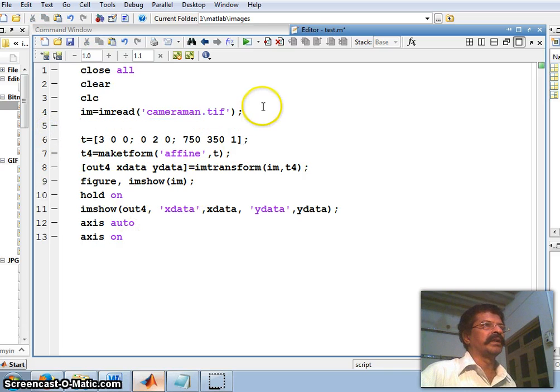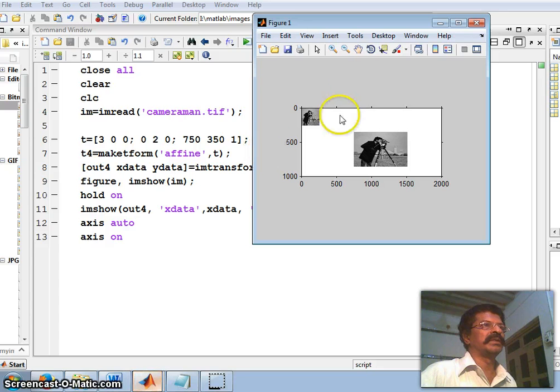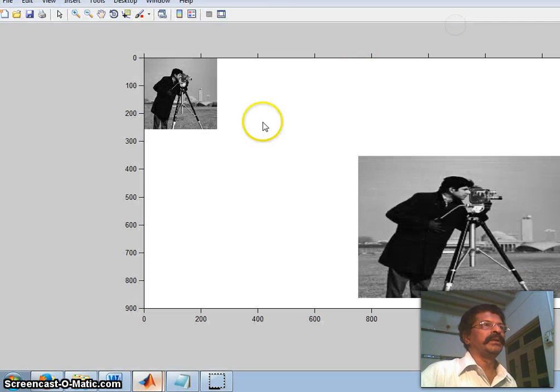If we run this one, you can see that this is my actual image, and this one is scaled 3 times along the x direction and scaled 2 times along the y direction. Then it is moved 750 along the x.